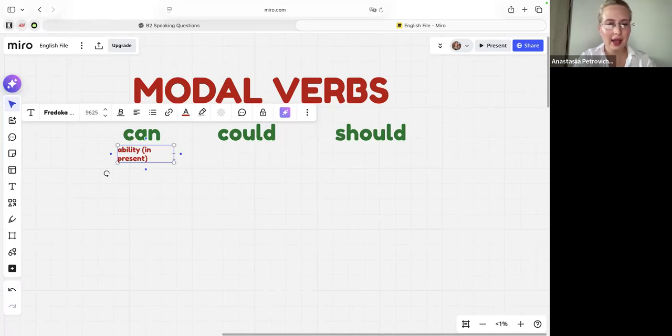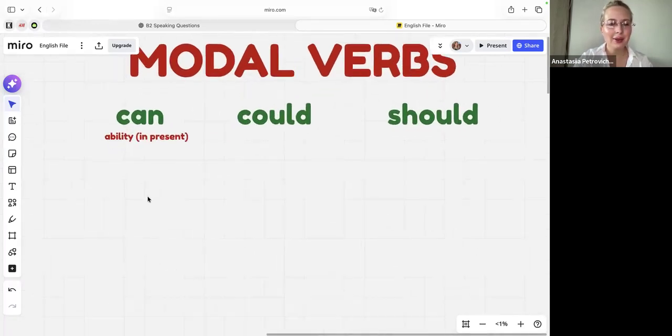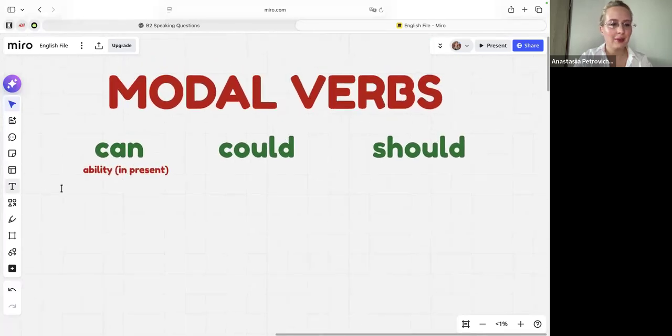We cannot use can if we speak about future. It is impossible to say will you can, or can in the past. We have other options for that. So we use can when we speak about ability in the present.